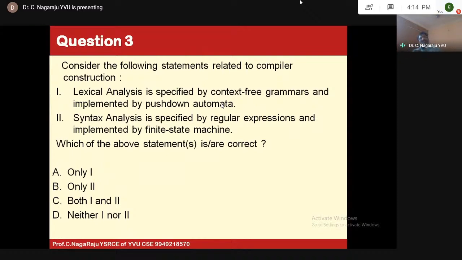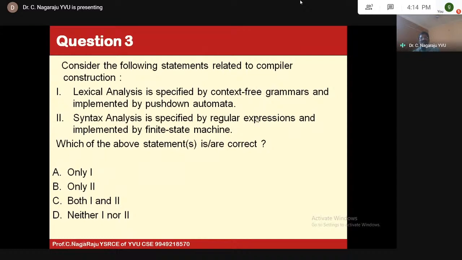Lexical analyzer uses regular expressions, but not context-free grammars, and it is implemented by finite automata. Already I explained that, NFA and DFA. That is for implementation, and for specification of tokens, we have already studied regular grammars. In syntax analysis, it's specified by what?